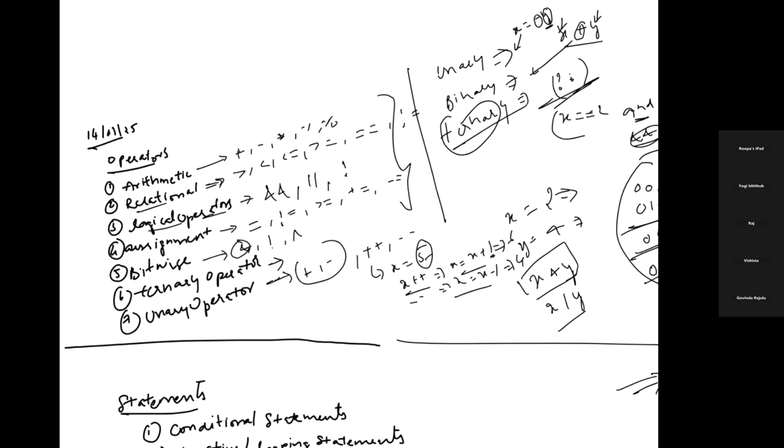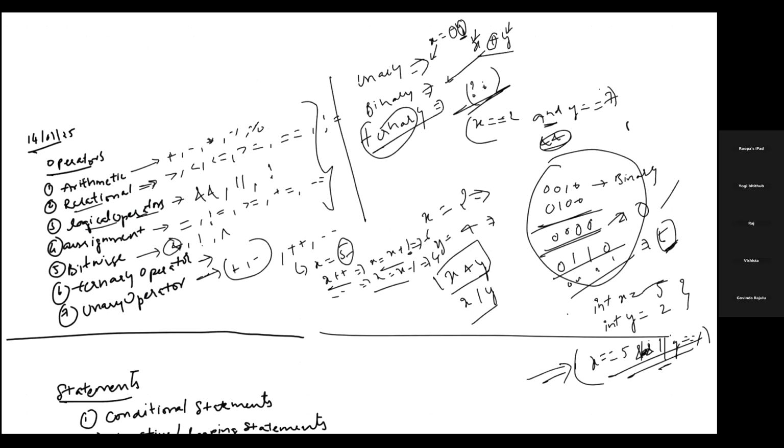I was asking a question. Can you explain to me what will be the value of this expression? Given I'm declaring a variable x is equal to 5 and y is equal to 2, and I'm writing an expression x equals to 5. Okay, I'll just write it again. x is equal to 5 or y equals to 1.